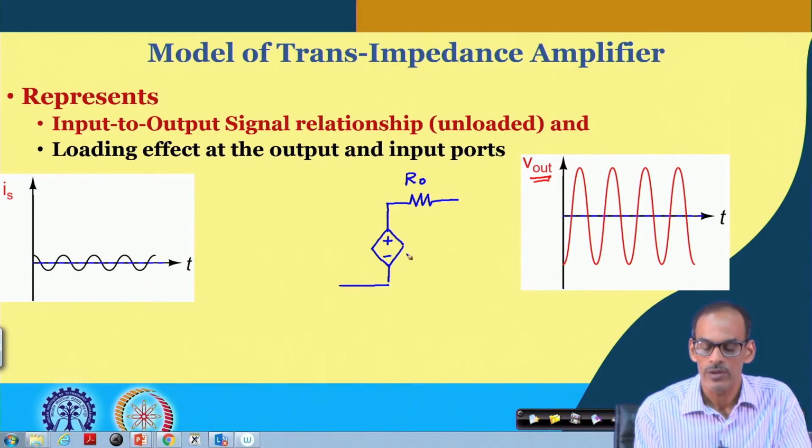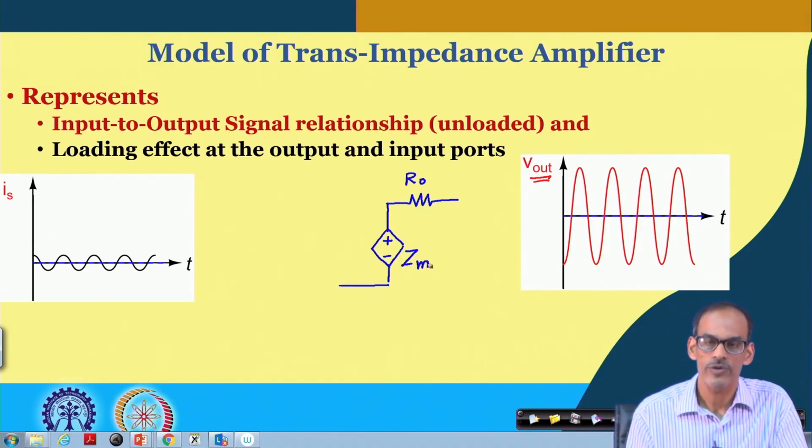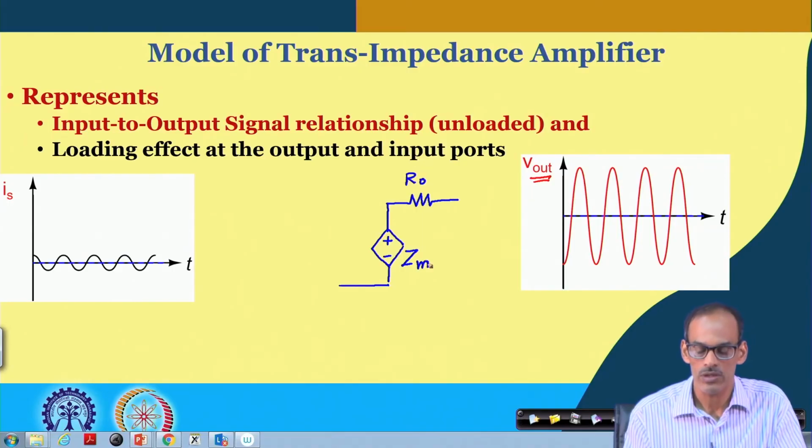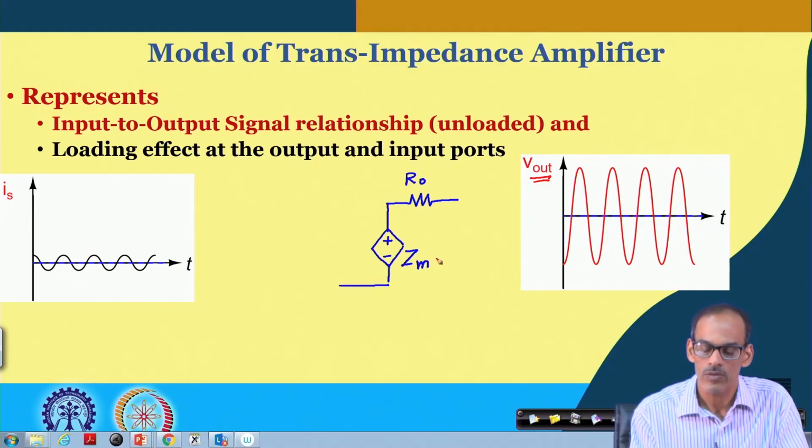So, what we write here as the parameter is actually an impedance, and since it is correlating the output port to the input port, we call it Z m, mutual impedance, or trans-impedance, and this trans-impedance is multiplied by whatever current we have at the input port.